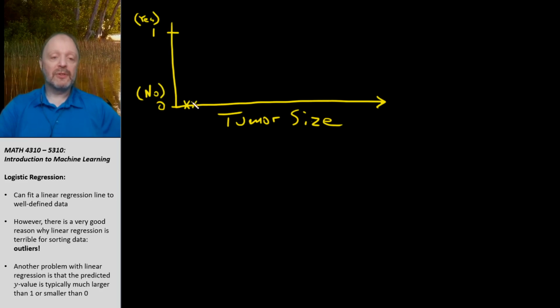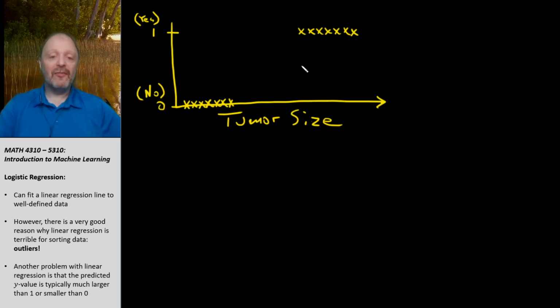As the tumor size increases, this is what we might get. When the tumor size is very small, we might have a whole bunch of data in the 0 group for the no. And then when the tumor size gets to be larger, we might wind up with a lot of the values in the yes grouping.